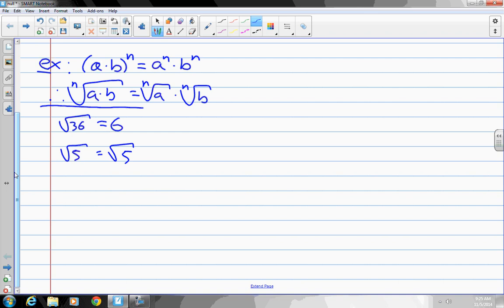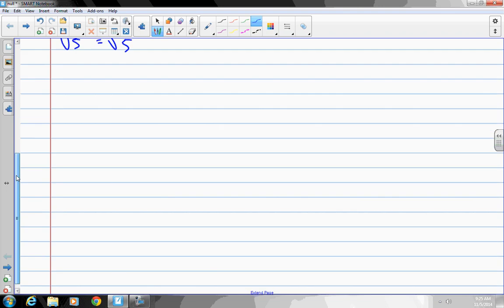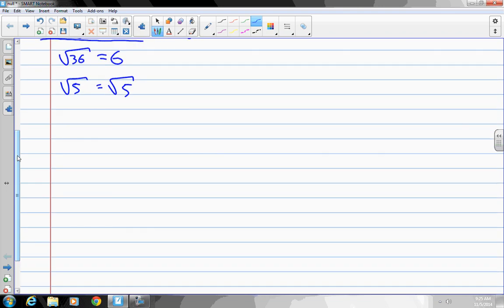But there is a middle ground in these types of exercises, and that's if I, let's say, ask you to take the square root of 20. Is 20 a perfect square to begin with? No. But can we think of 20 as a product of a perfect square and something else? 4 times 5. 4 is a perfect square, so I can apply this product rule.